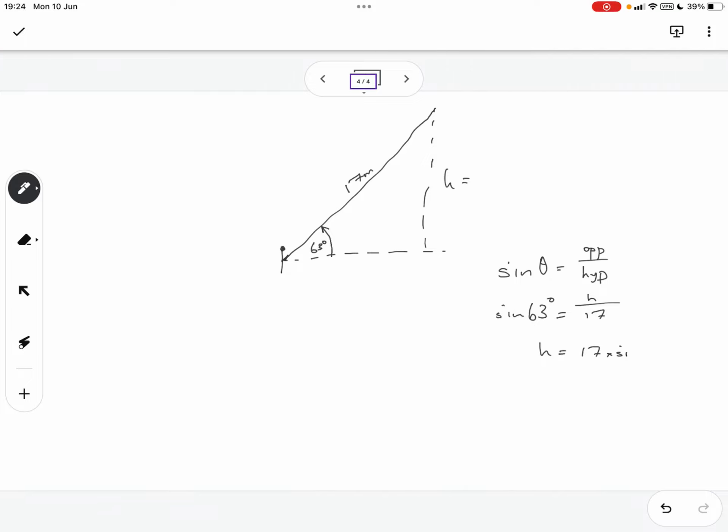So if we use sine of theta is opposite over hypotenuse, then maybe we could get the answer. So if we try the 63 degrees and the opposite is h, but the hypotenuse is 17, then the height becomes 17 times sine 63 degrees, and then that gives us that height.